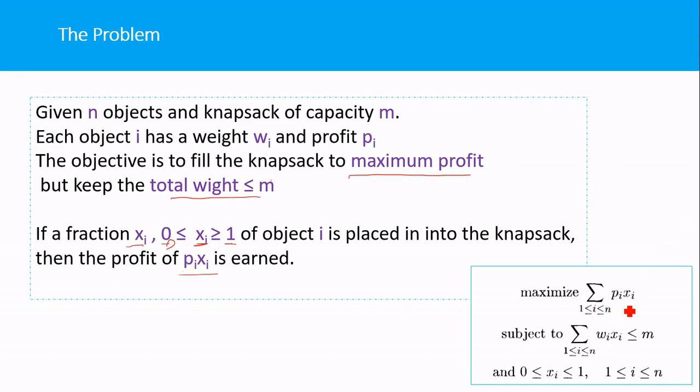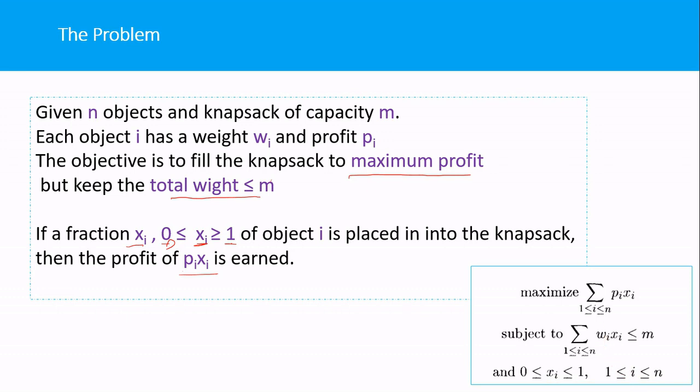Formally, we have to maximize the sum of pi xi such that the total weight, the sum of wi xi, is less than or equal to M, and the value of each xi is between 0 and 1 including both, and i is between 1 and n including both.